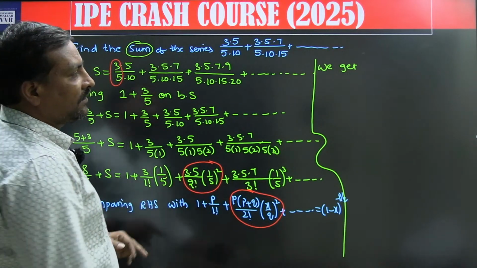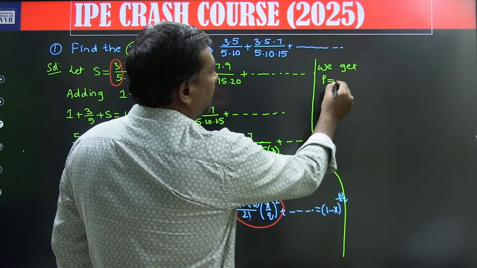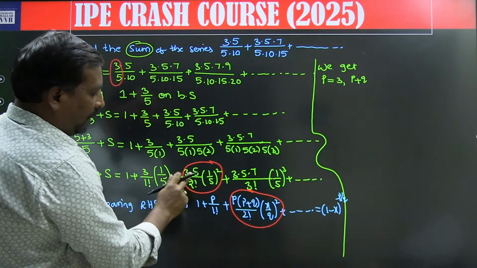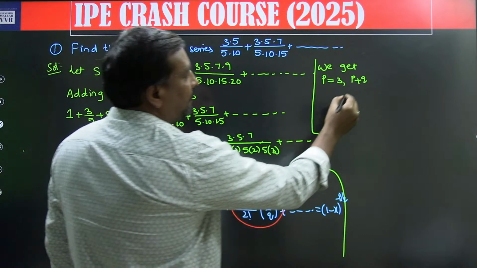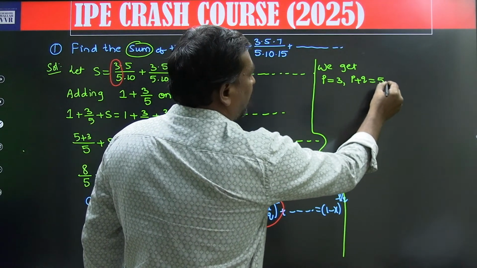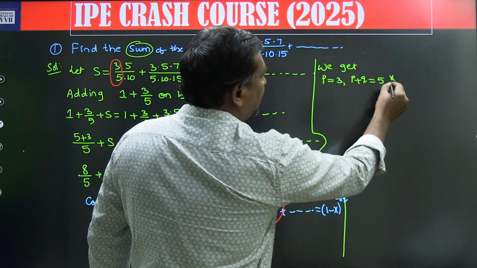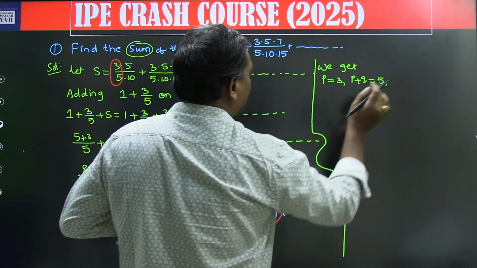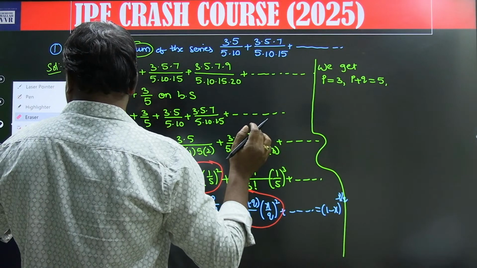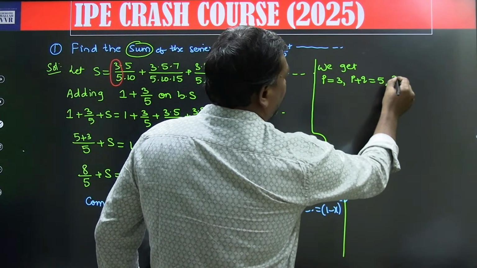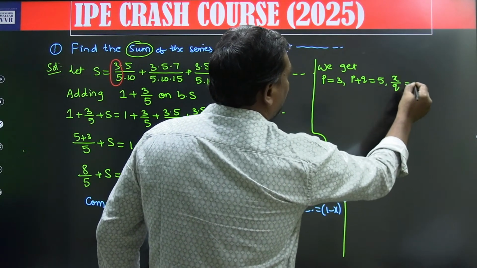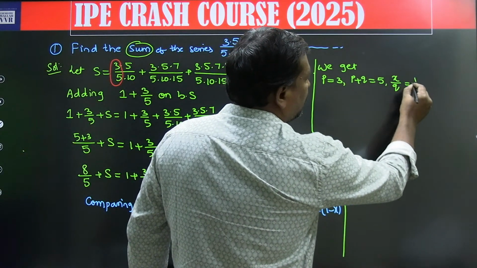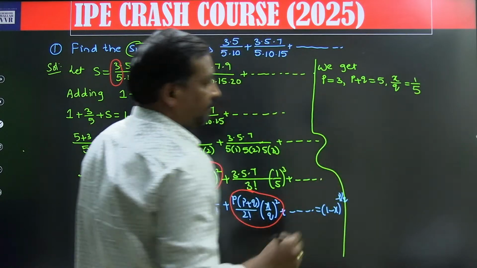The p value is 3, the p plus q value is also 5, and x by q is equal to 1 by 5.